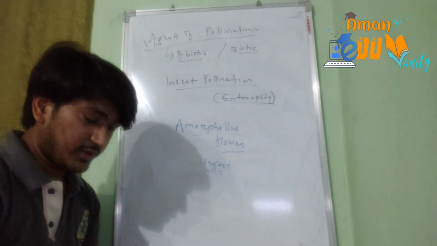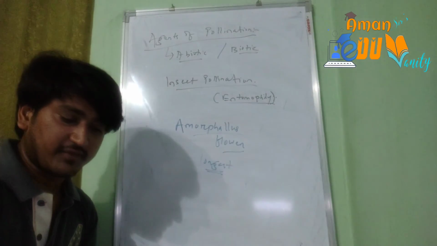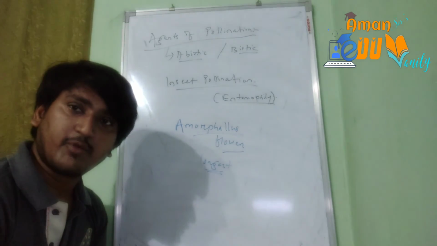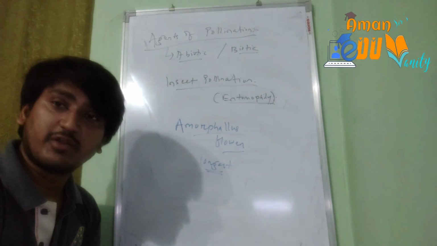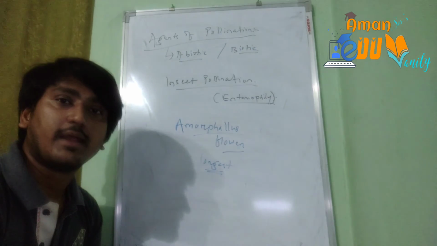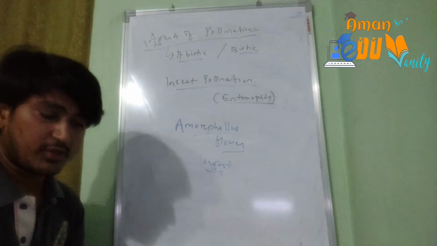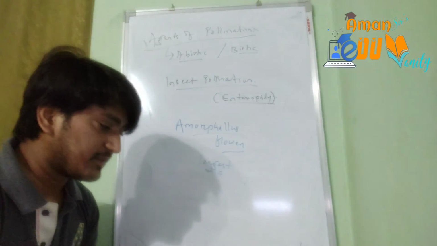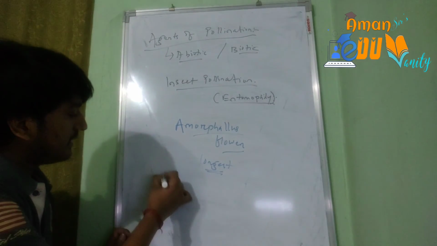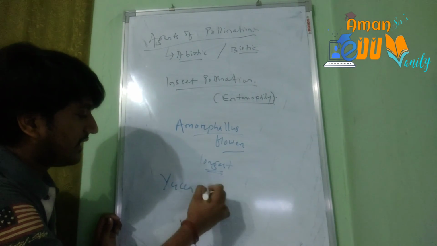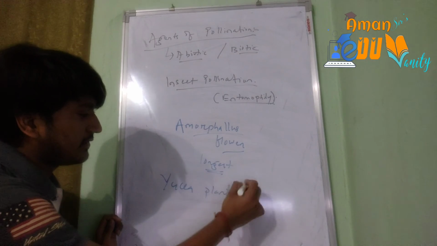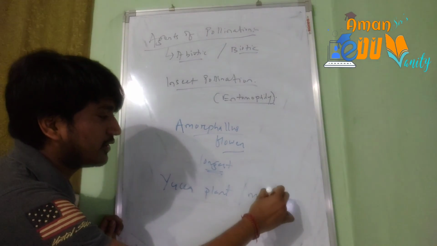It gives specific space for laying eggs to the pollinators. A similar relationship is also seen in the yucca plant and the moth which pollinates it.